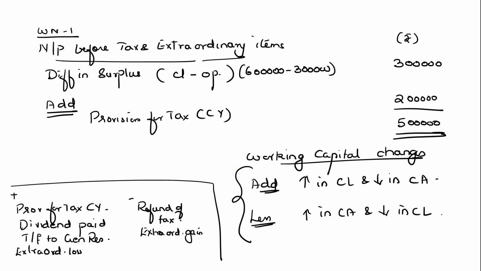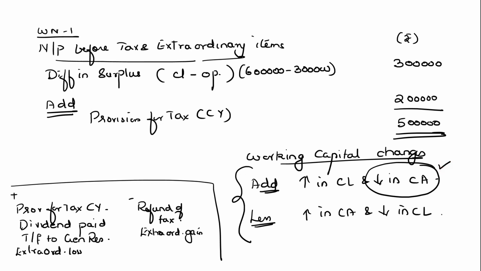Memorize any one item. Even if you memorize just one, like decrease in current asset is add, then you know the opposite for current liability: increase in current liability is add, and the opposites are subtract.